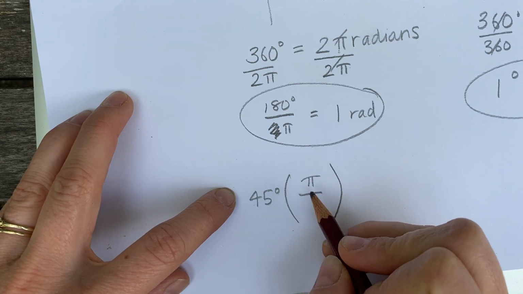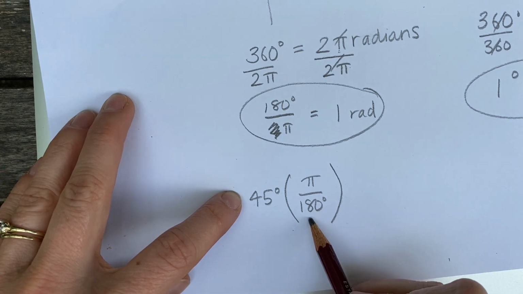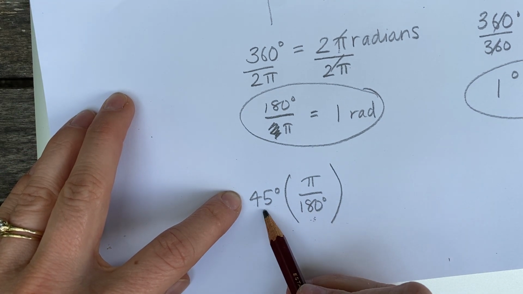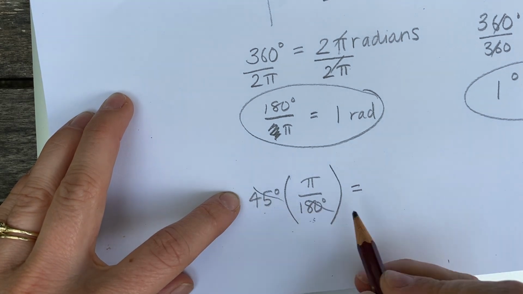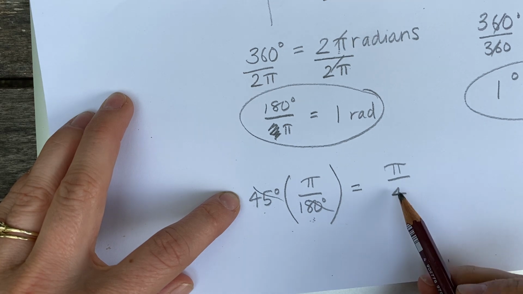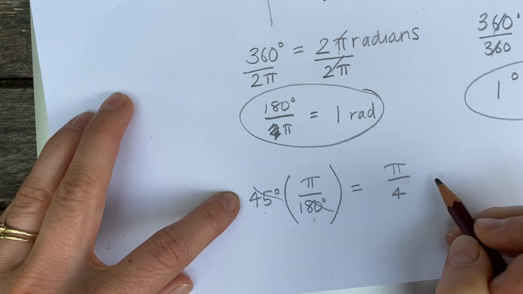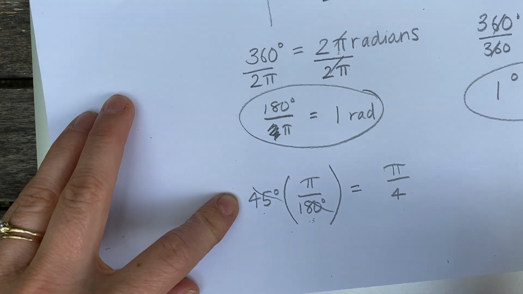I'm going to say pi over 180. That's how much 1 degree is. So I'll multiply it by 45 and I'll find out how many radians it is. That's going to cancel and I'll get pi over 4. So pi over 4 radians, I don't have to write radians, is equal to 45 degrees.